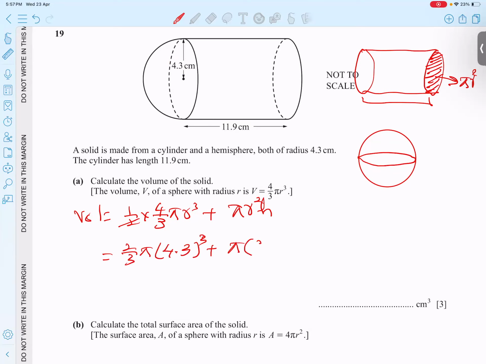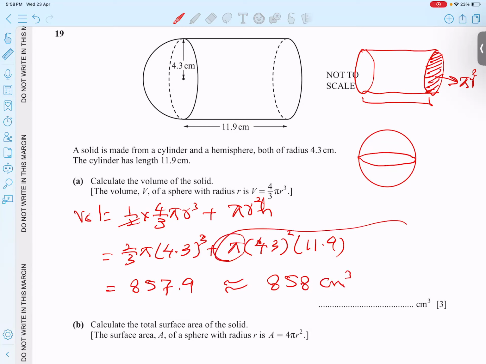And here, 4.3. And what is the height of the cylinder? 11.9. And if I type this in the calculator, the answer turns out to be 857.9. After rounding, I got 858. So this is my answer, centimeter cube.